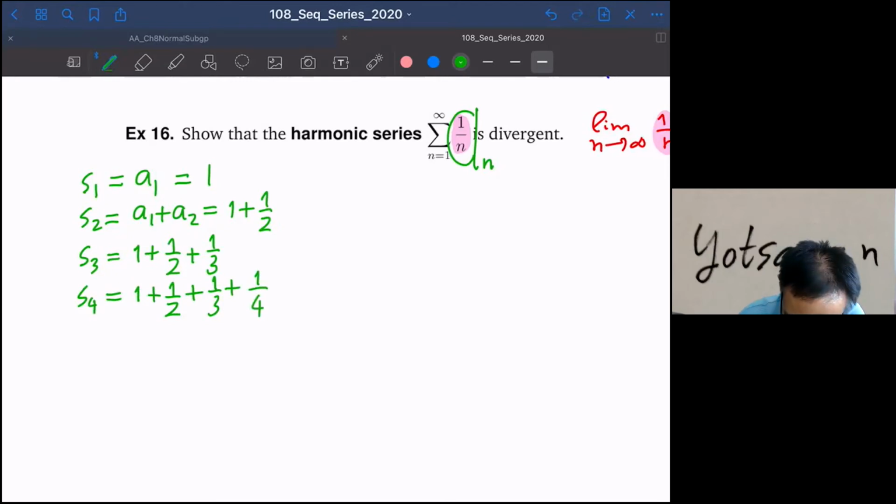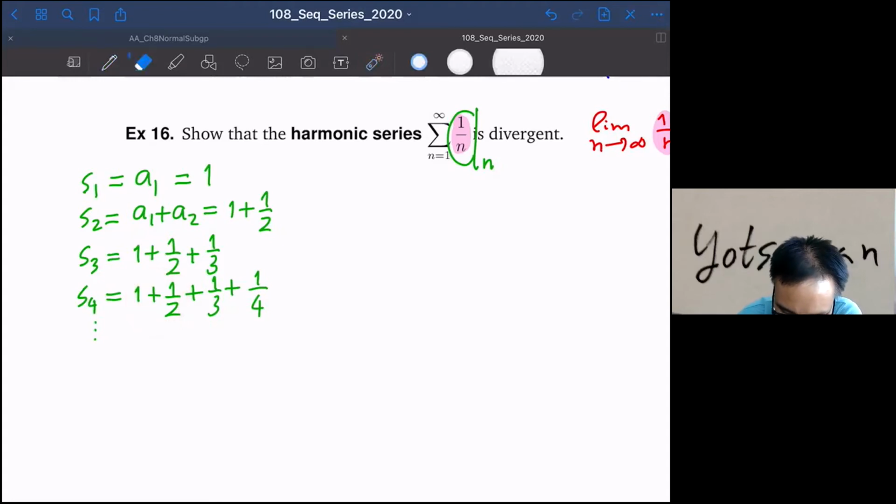And if you continue, I'm going to sum this one. Okay, so if you sum, you see that you have 1 plus 1 half, and for the third one it cannot be simplified further. However, for this one, you see that this is 1 plus 1 half.